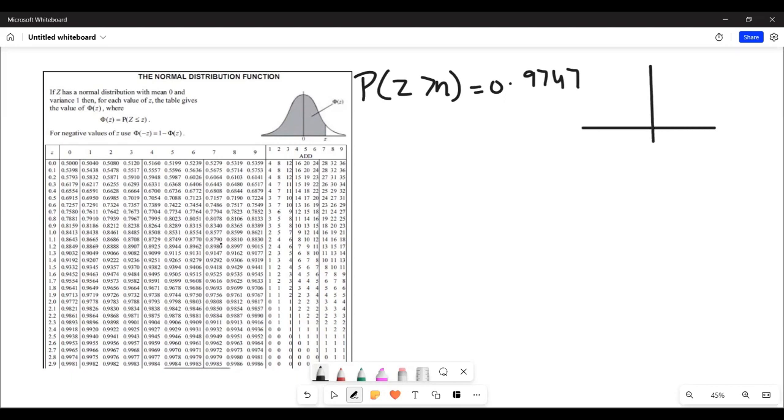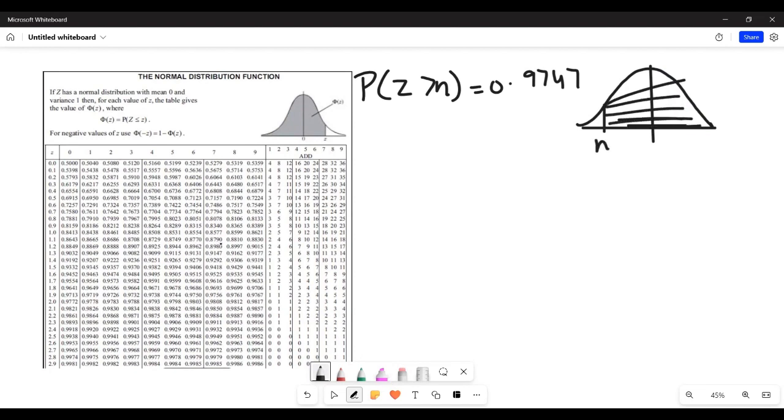Is n a positive value or a negative value? We need to shade the right side of the line that we make. This cannot be 0.9747 because I know that this area is 0.5. So I need to go towards the left-hand side of 0. I'm going to make a vertical line over here and n would be somewhere over here, so that all this area is 0.9747, because we know the maximum probability is 1.